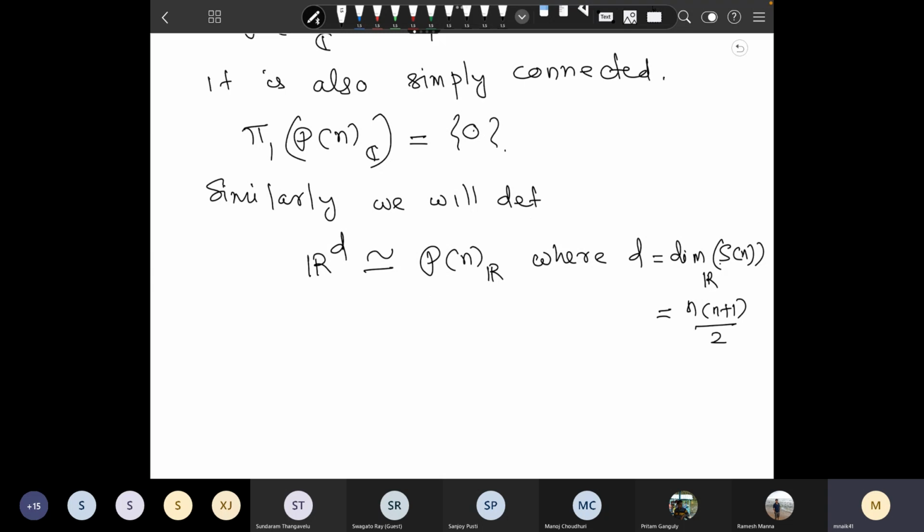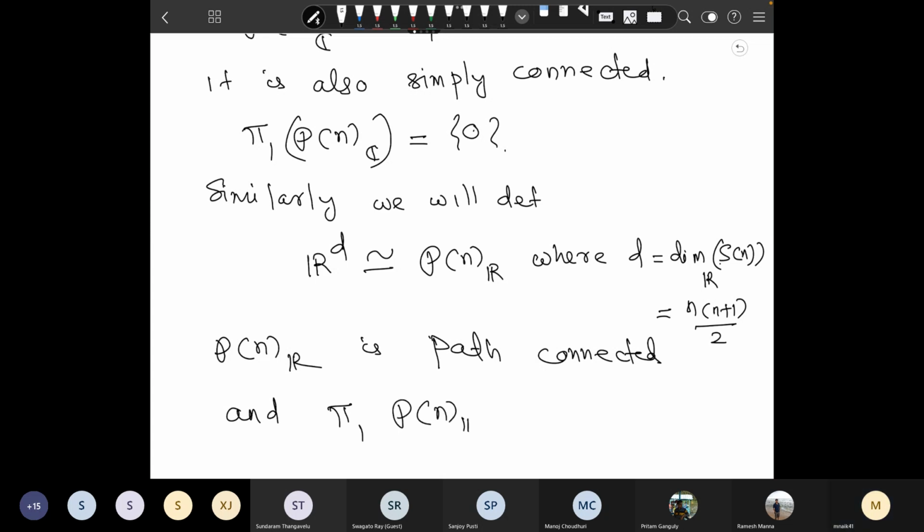So this also implies that P_n(R) is path connected and simply connected, and the fundamental group of P_n(R) is trivial.